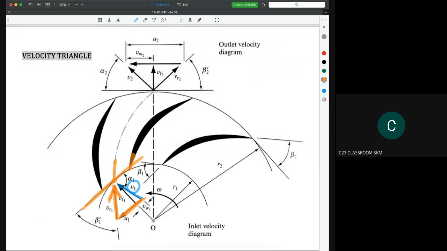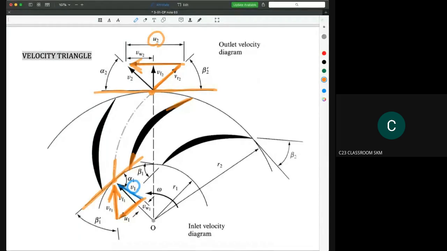The VR2 is relative to the angle, so you could imagine the shape is something like this, and the direction is like this. And then U2 is the component velocity regarding the motion of the impeller, so it is the tangent at this point. Okay.